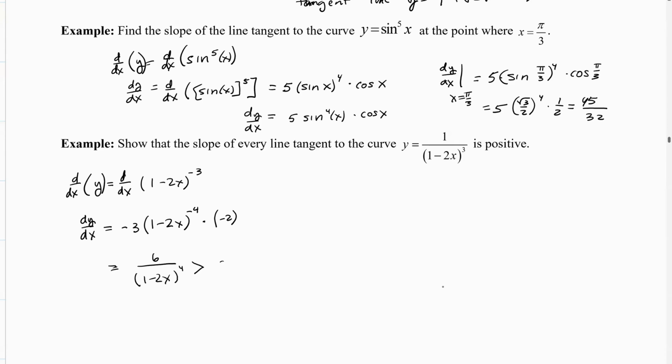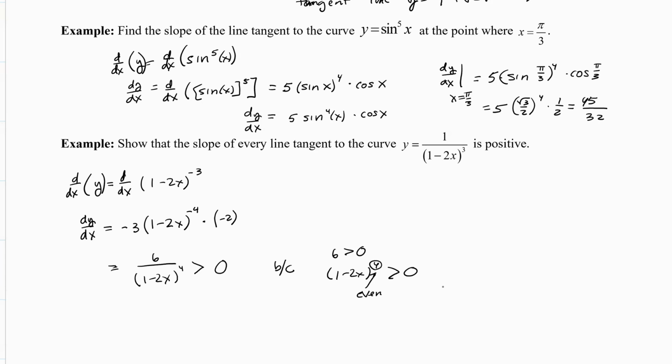My claim is that indeed that is greater than 0, because 6 is positive, and 1 minus 2x to the fourth power, an even power, that's also positive. So when you divide two positive numbers, you get a positive number.